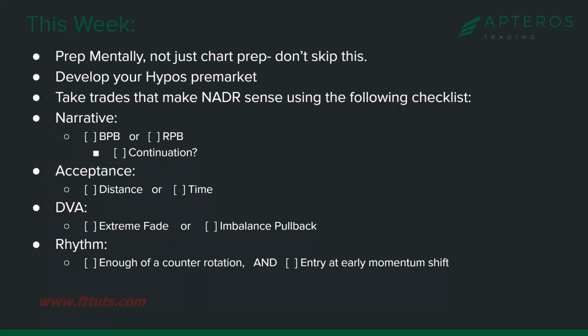So what are we going to do this week? You're going to prep mentally. Not just prepping your charts. Remember to do some affirmations, visualizations, think about working on your mental game before the market opens. So that's request number 1. Then I want you to develop your hypos, just like we did last week.